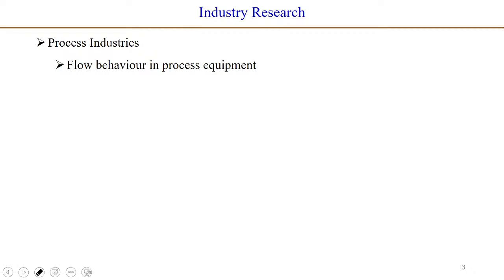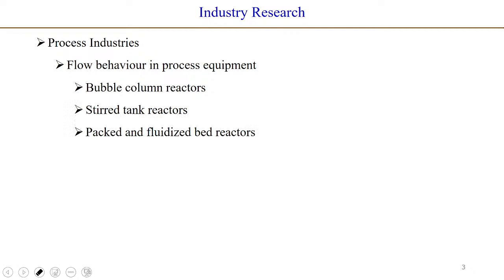So we can do detailed modeling of reactors. We can try to improve the performance of the reactors for process intensification. We can understand the flow behavior in these process equipment. Some examples are bubble column reactors, stirred tank reactors, packed and fluidized bed reactors, and heat exchangers.